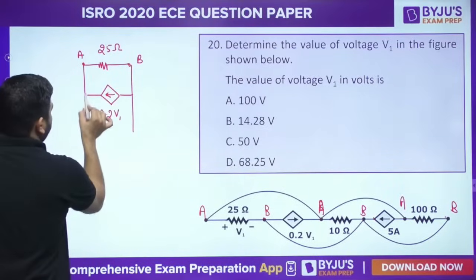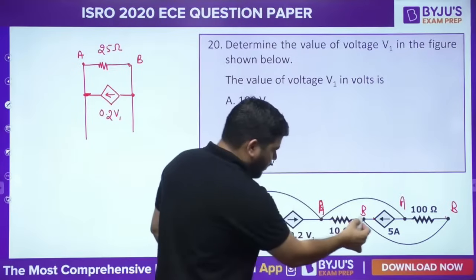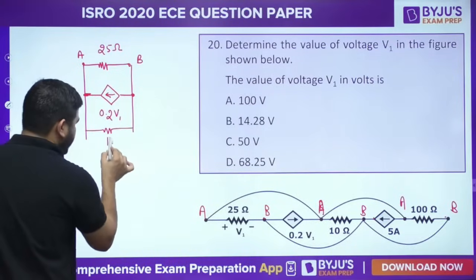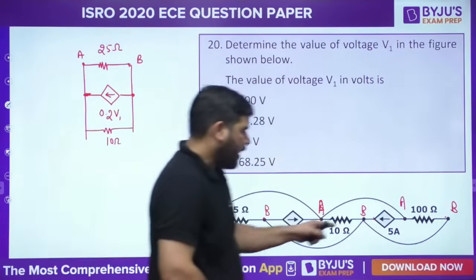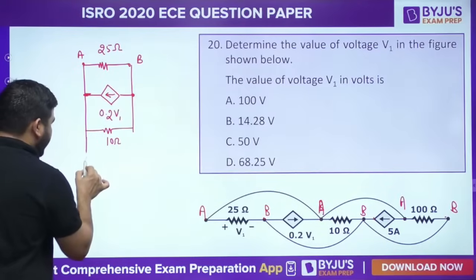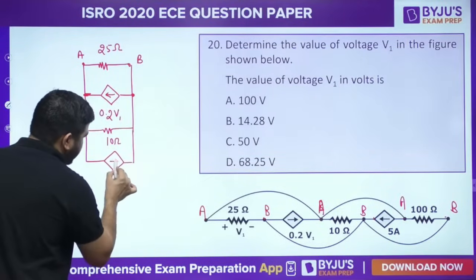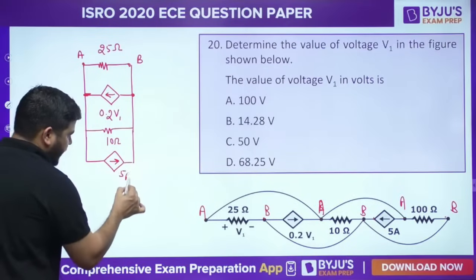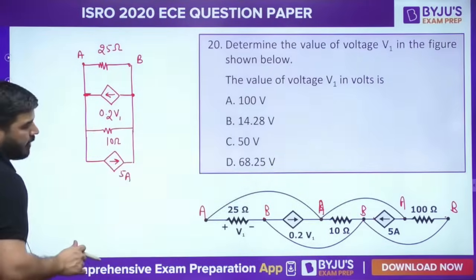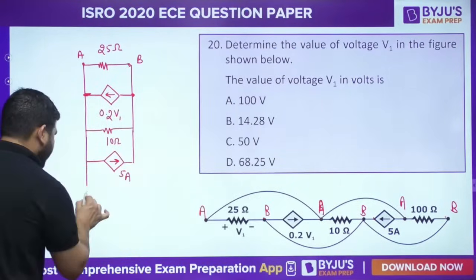Again from A to B there is a resistance of 10 ohm. Then from A to B there is a current source of 5 ampere, independent, but directed towards B. You can see that this is 5 ampere and the current is entering into B. And there is one more resistance of 100 ohm, so I have connected 100 ohm.